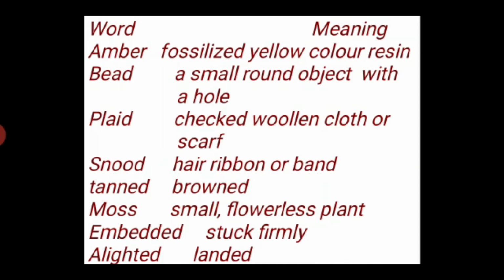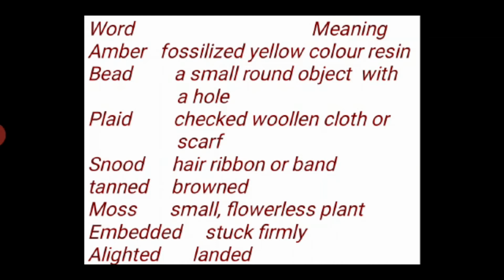Fossilized means part of a plant that lived thousands of years ago, which has turned into rock. And amber means fossilized yellow color resin. Resin means a sticky substance that is produced by some trees.